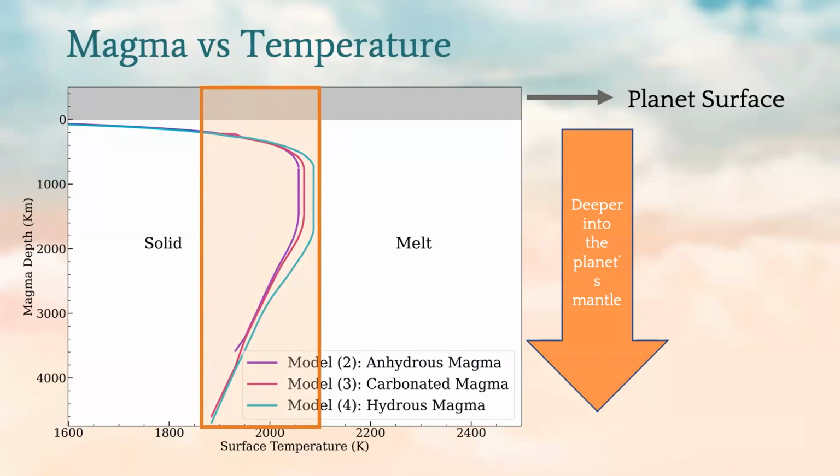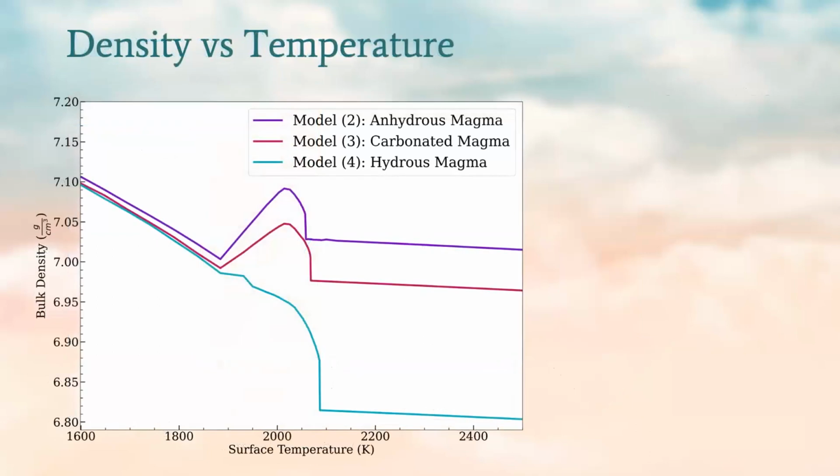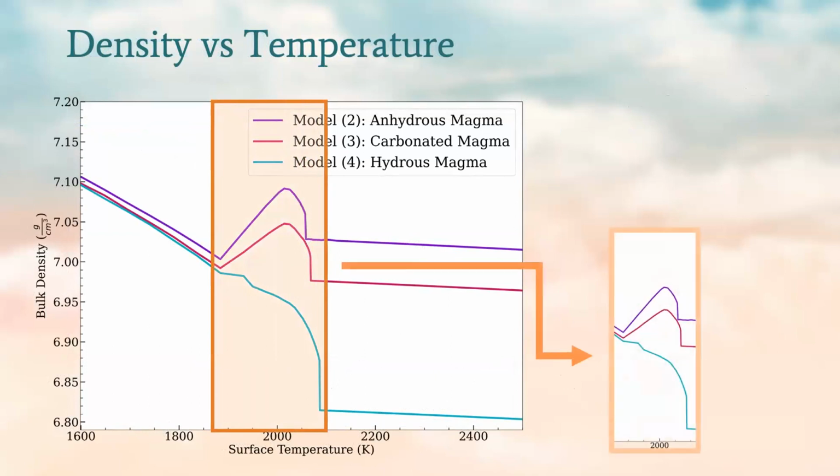And then we can look at the bulk density as a function of temperature as well, which has this very strange feature in the center. So once again, as you increase the temperature, you see a decrease in the bulk density of the planet. And then you have this region where you get this spike. And so we can pop this out, and then we can compare it to the last figure.